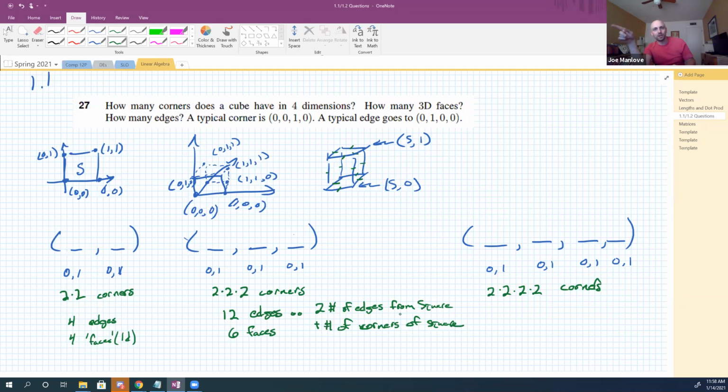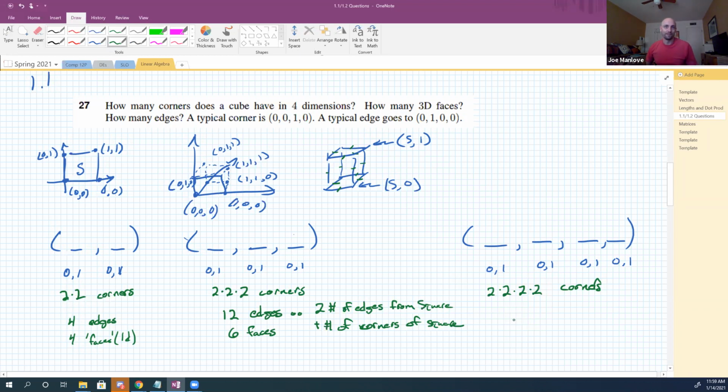So if I had to guess about the 4-dimensional thing, I would think, okay, it should be twice the number of edges from the dimension down. And so I'm thinking about a cube, and I'm kind of lifting a cube through that 4th dimension. Right? And I'm going to have the edges that I had from the cube at the bottom and the edges I have from the cube at the top. So how many edges did the cube have at the bottom? 12.